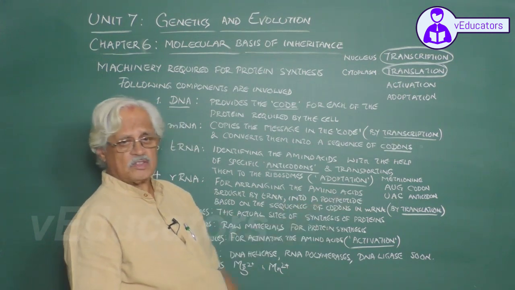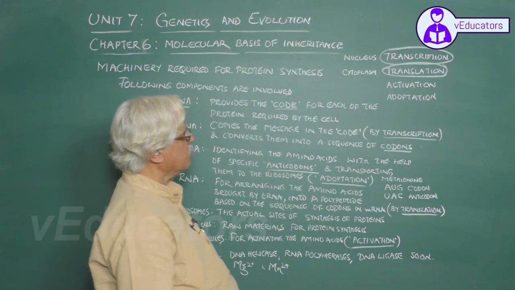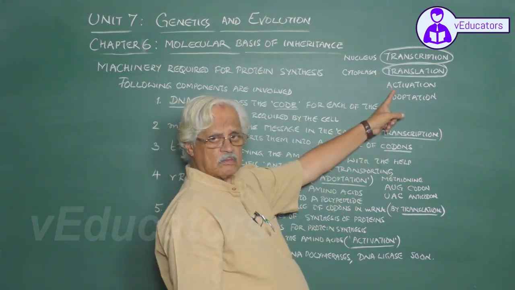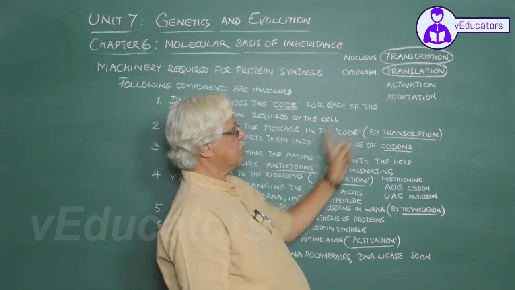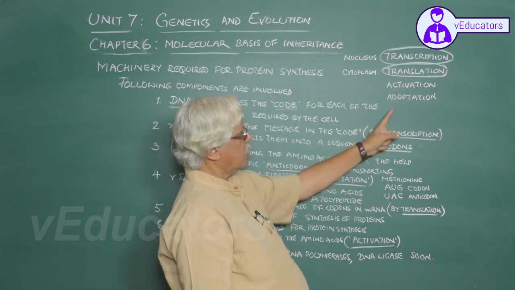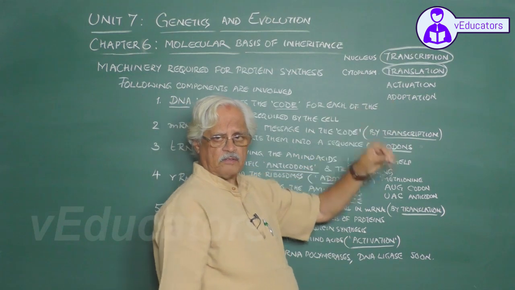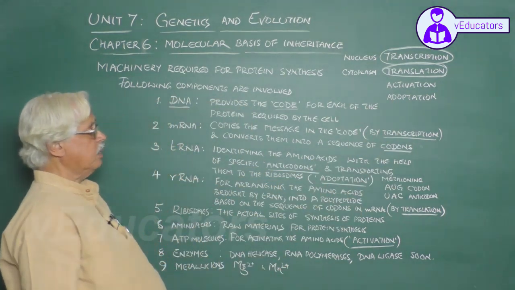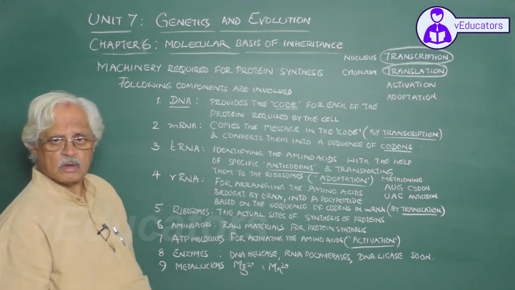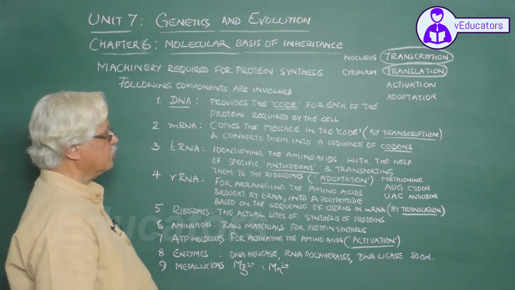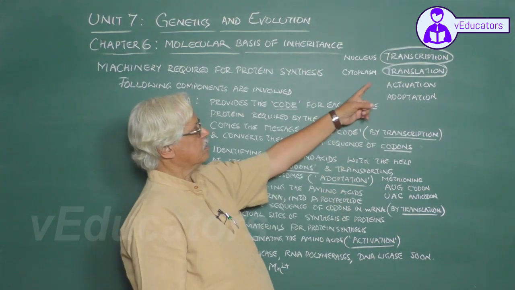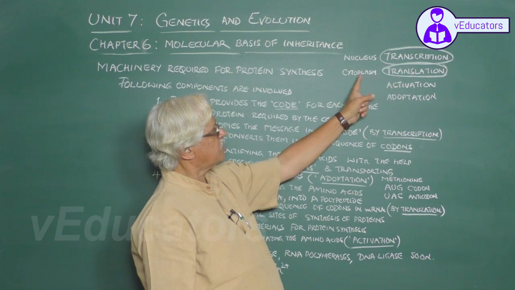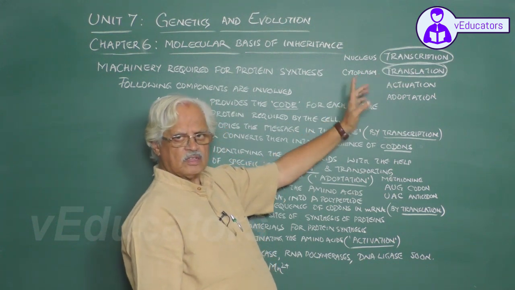When transcription is in progress in the nucleus, in the cytoplasm, activation of amino acids by ATP molecules, and adaptation, identification and picking up of the activated amino acids by tRNA molecules will be completed, so that the tRNA molecules can involve themselves in translation as soon as mRNA reaches the cytoplasm.